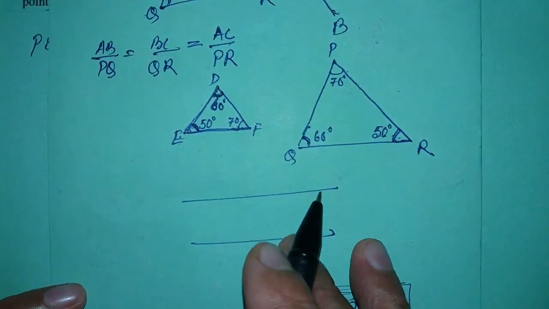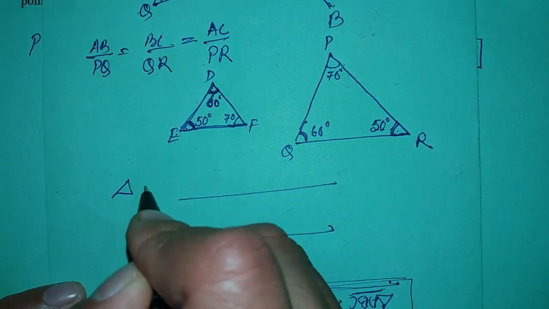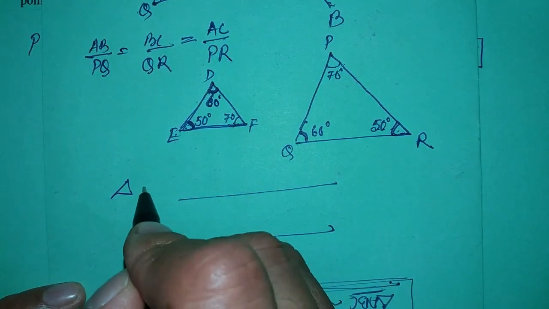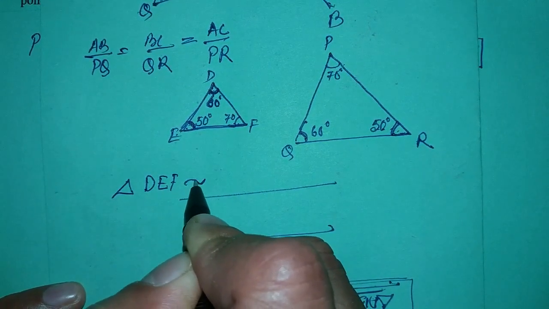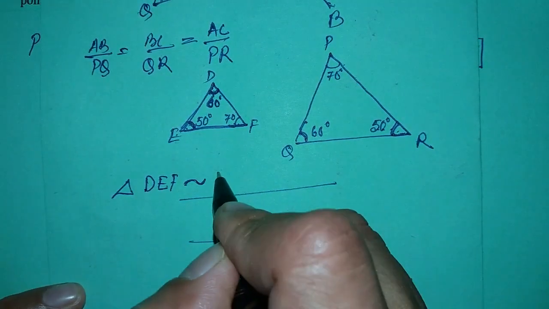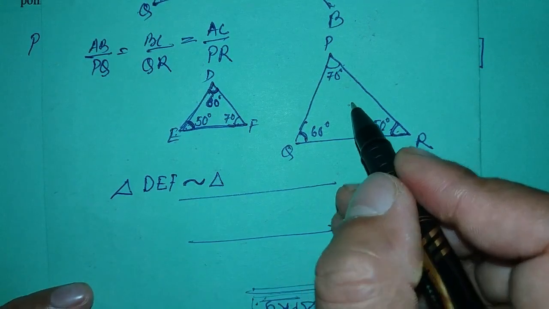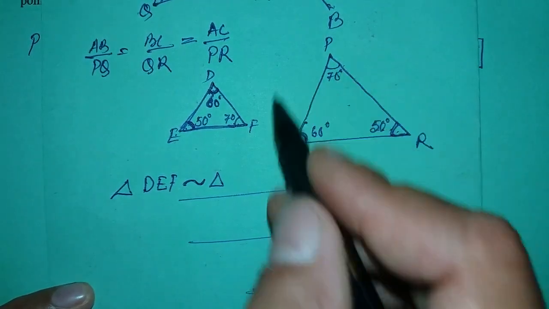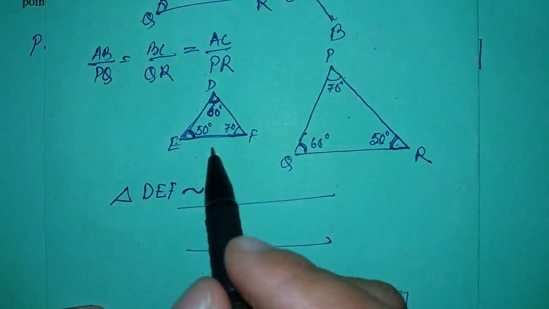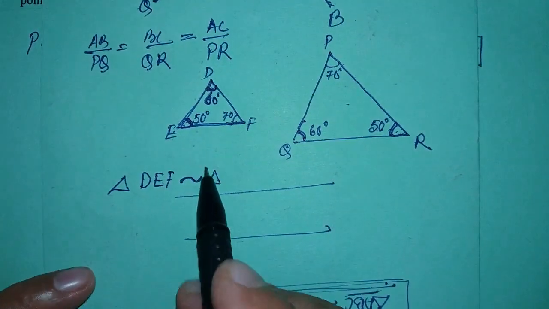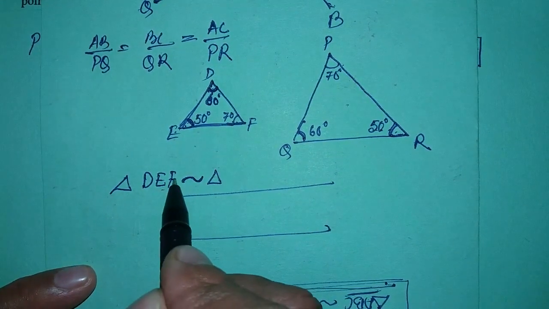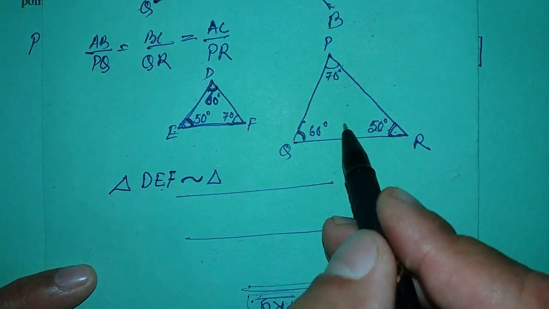Now if you name the first one as triangle DEF, then accordingly you give the name to the second triangle. You cannot name it randomly. You have to see the corresponding parts and how you named the first one, and according to that keep the name here.